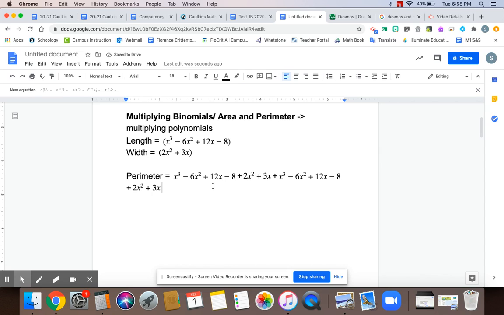And then at this point, we'll just combine our like terms. So how many x cubes do I have? Here's one. Here's another. So I have a total of 2x cubes. And x squared, negative 6, plus 2, minus 6, plus 2.